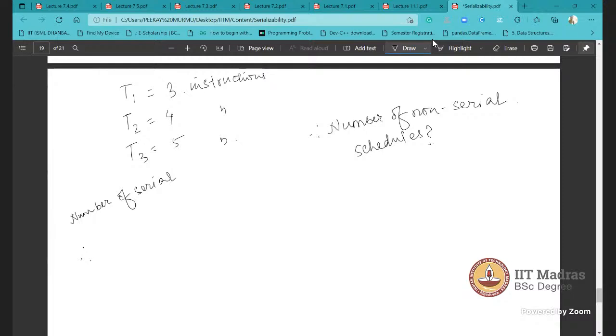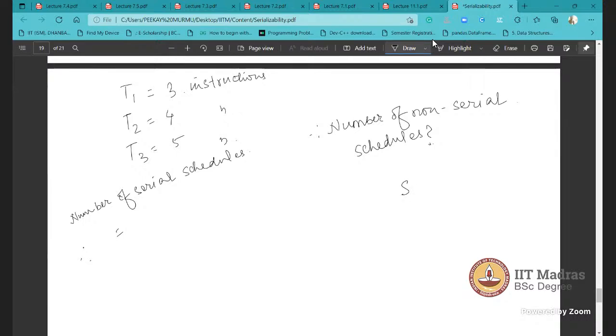First tell me the number of serial schedules. 12 factorial divided by 3 factorial, 4 factorial, 5 factorial.